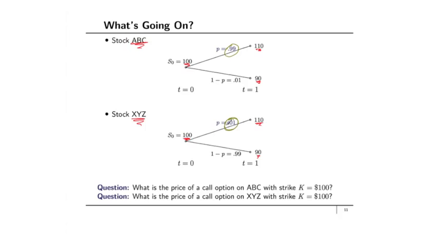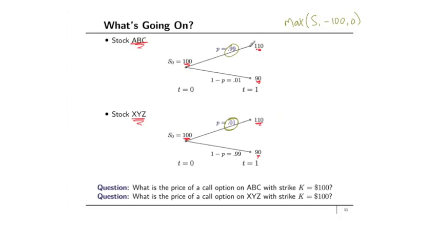So these are clearly two very different securities. They have the same values at time t equals 0, and the same possible values at time t equals 1, but the probabilities are clearly very different. I'm sure most of you would think you'd far prefer to own this stock than this stock. Likewise, if I ask you how much a call option with strike $100 is worth, many of you would assume that the call option price in this case should be much higher than in this case.